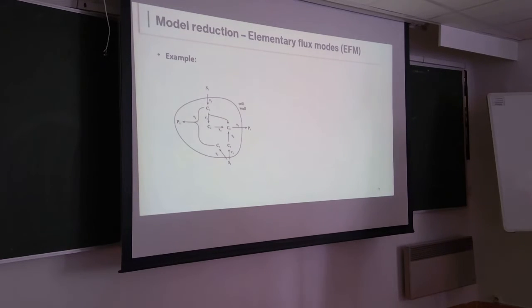So here we have an example. This is just a toy metabolic network. The idea here is to find the elementary flux modes. There is a mathematical definition, and some aspects of it can change depending on the definition; they may call it something different, not elementary flux modes.